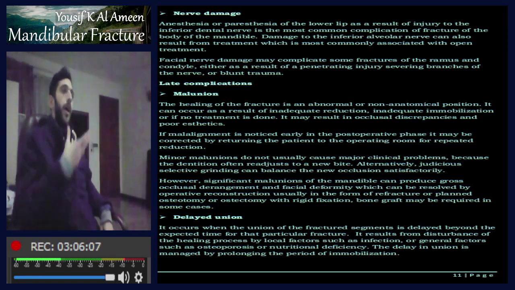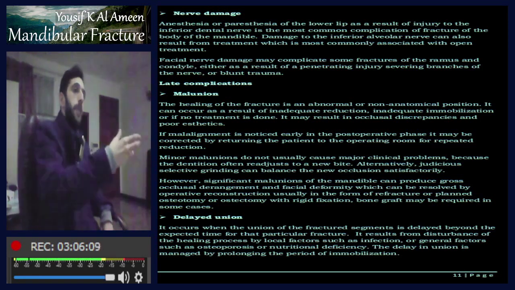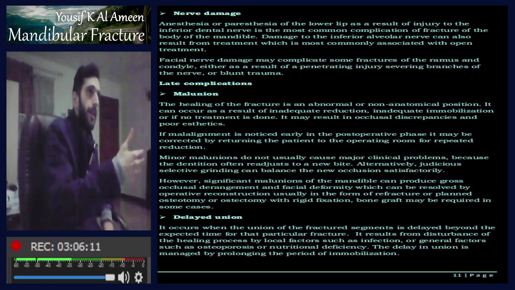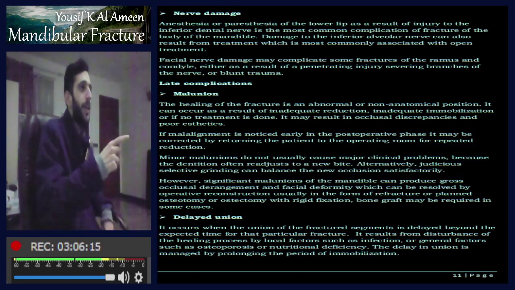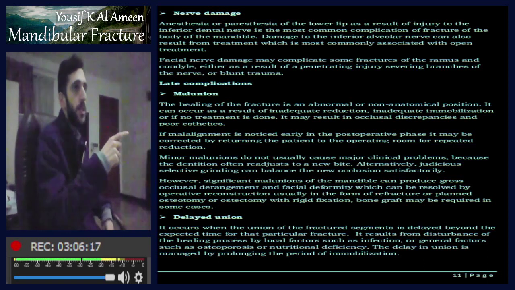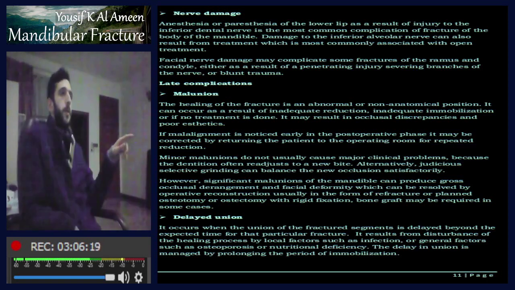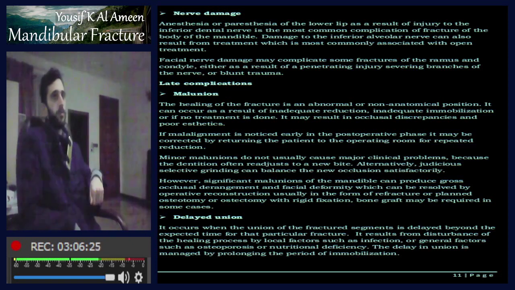And if malalignment is noticed early in the post-operative phase, it may be corrected by returning the patient to the operating room for repeated reduction.